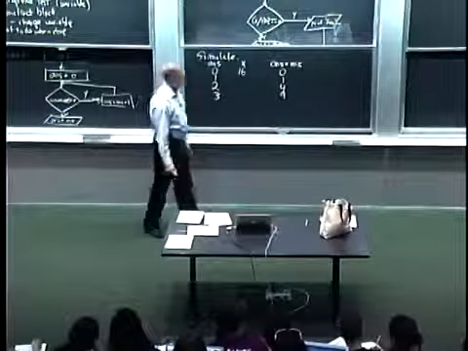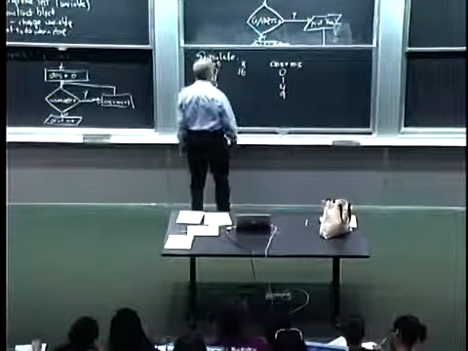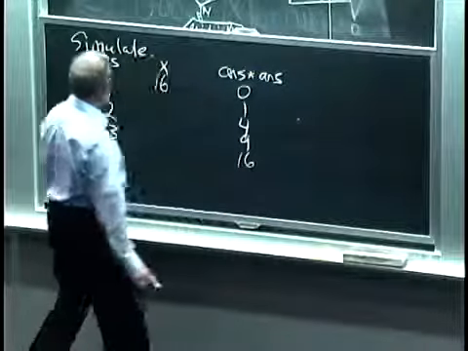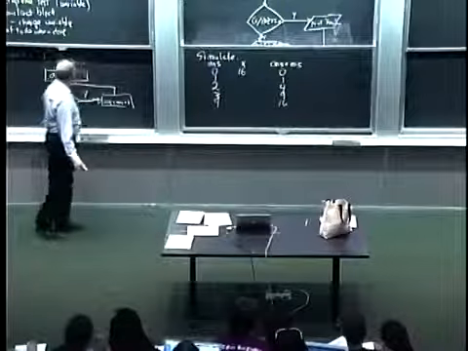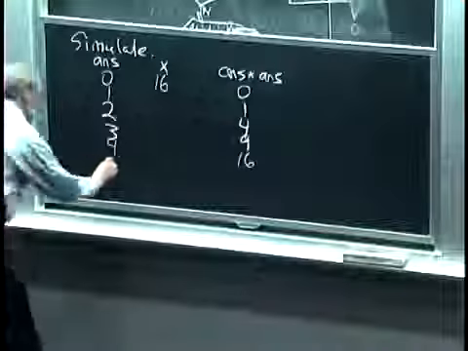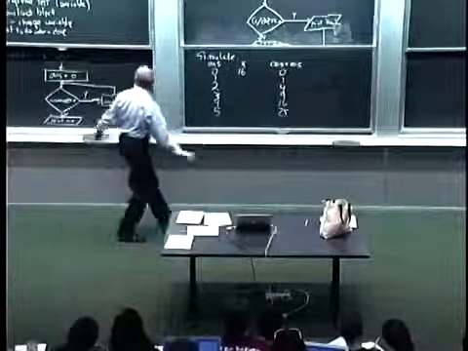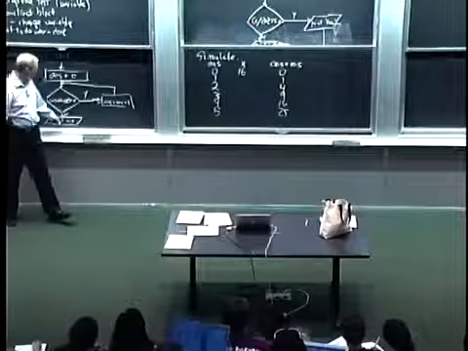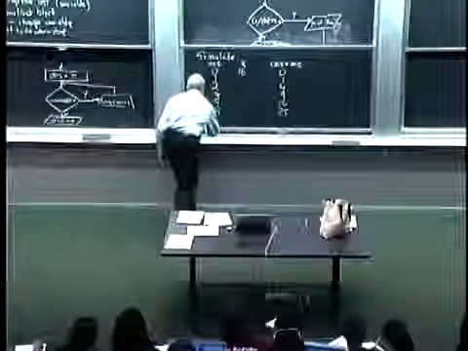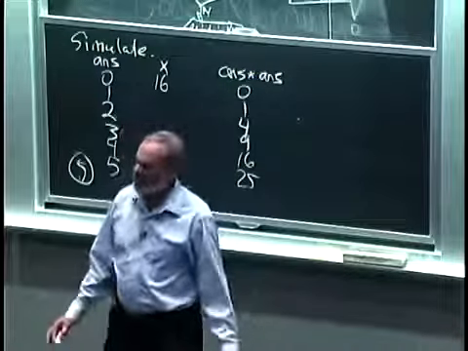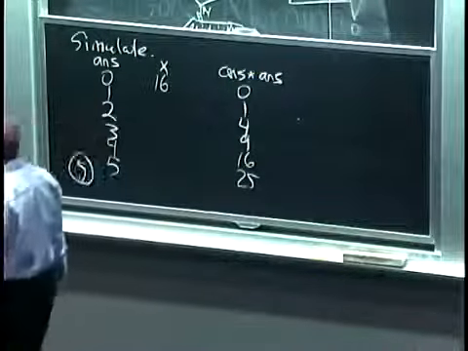Still less than or equal to 16. Answer goes to 4. X stays the same. 4 squared is 16. Is 16 less than or equal to 16? Yes. So answer goes to 5. Answer squared becomes 25. That is now no longer true here. So I print out 5. Right? Sure. Square root of 16 is 5. It's Bush economics. Okay?